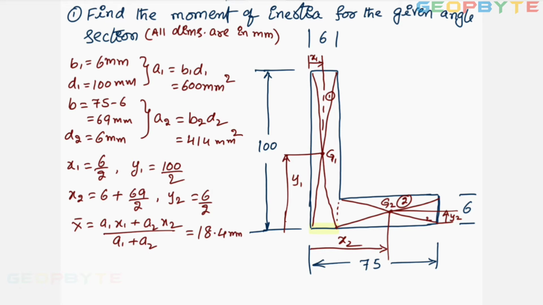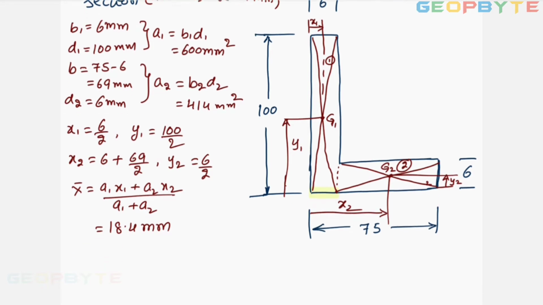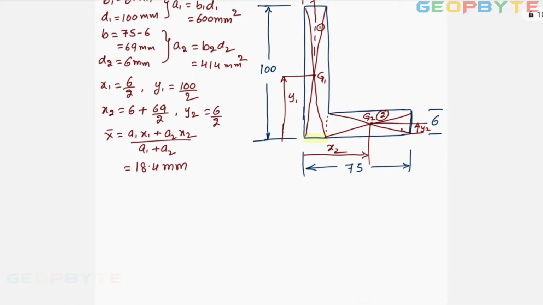Similarly, y bar equal to a1 y1 plus a2 y2 divided by a1 plus a2. You put all these values and simplify for getting around 30.8 mm.